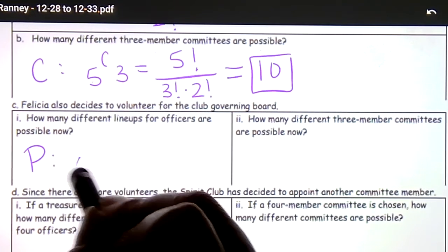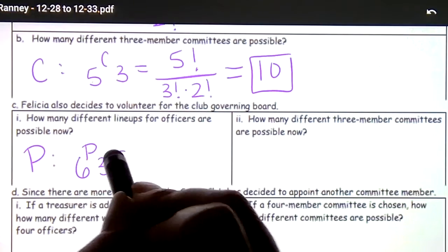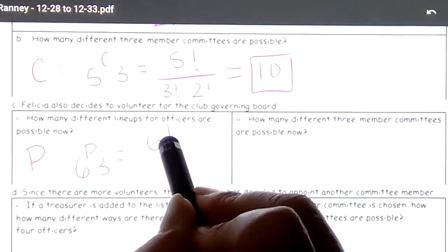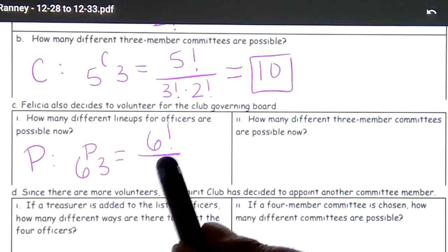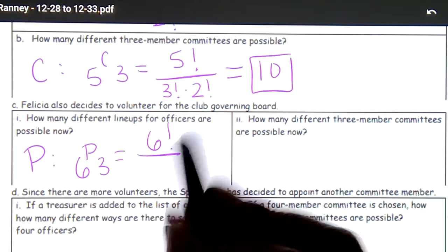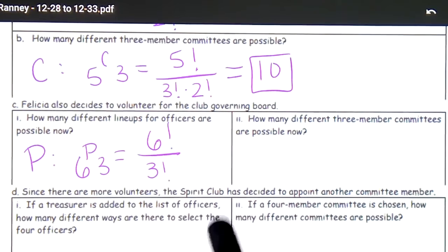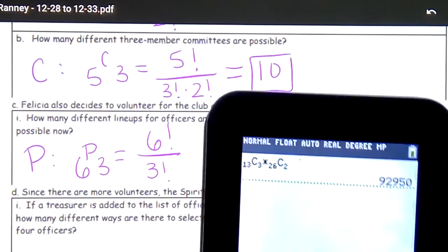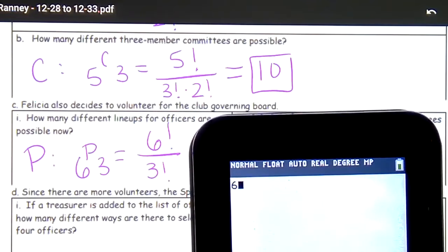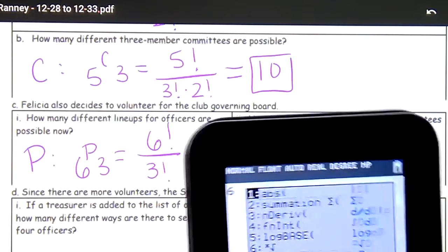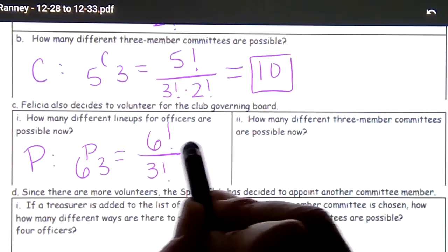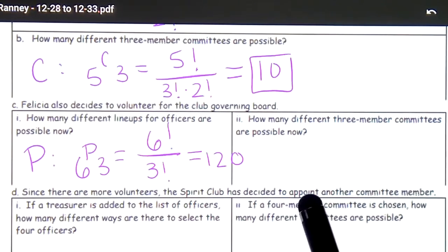This is going to be 6P3, which is 6 factorial over, now I'm going to write 3 factorial here, but it's not this 3. It's 6 minus 3, which happens to be 3. And when I put 6P3 in my calculator, I end up with 120 different ways.